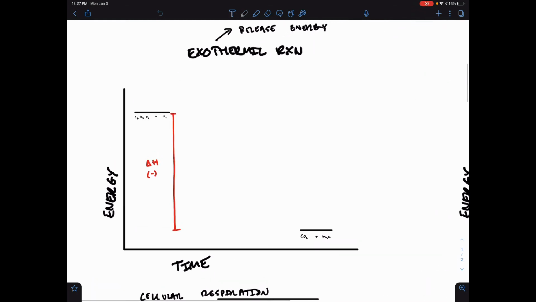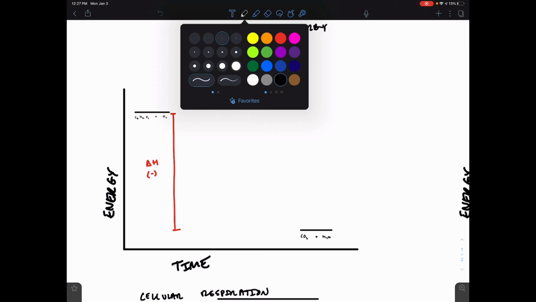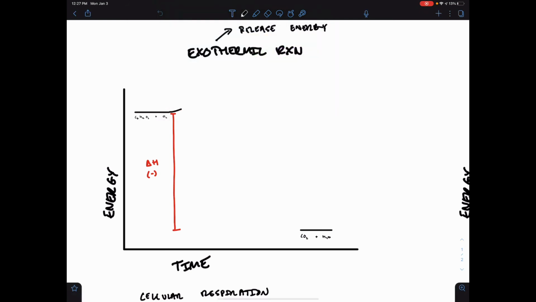So the curve of the reaction looks something like this. We have to actually increase the energy before we can release it and burn our log.